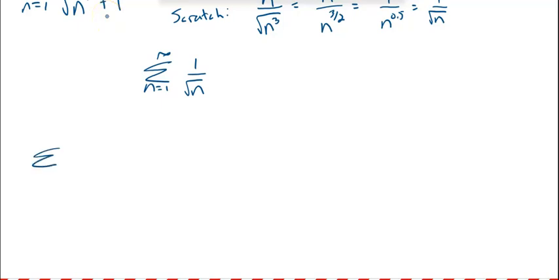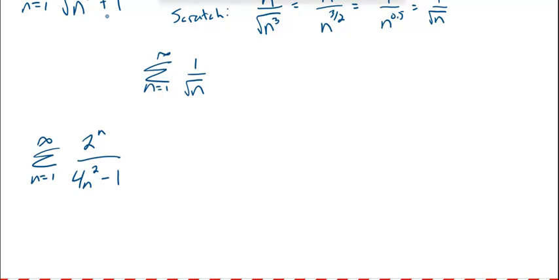Next series, sigma n equals 1 to infinity of 2 to the n over 4n squared minus 1. So this one is easy to forget, the easy way to do it. You might do ratio tests with this, and it works.